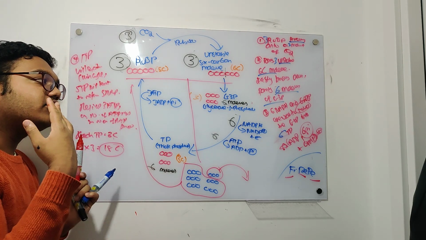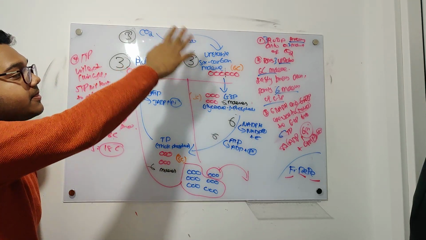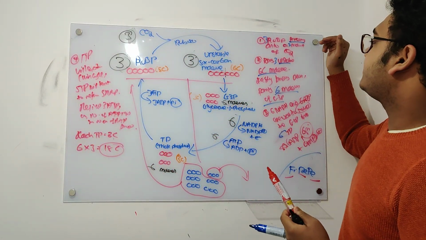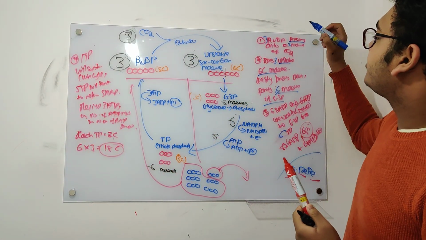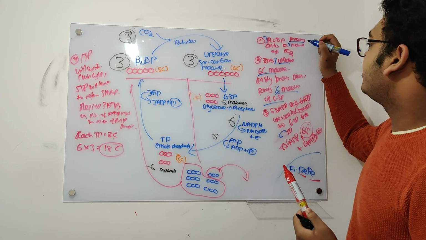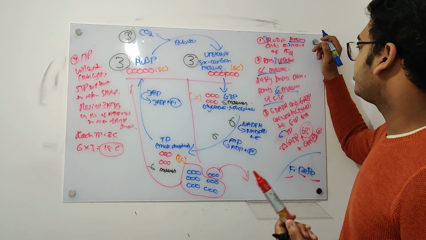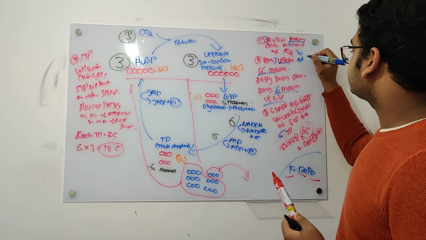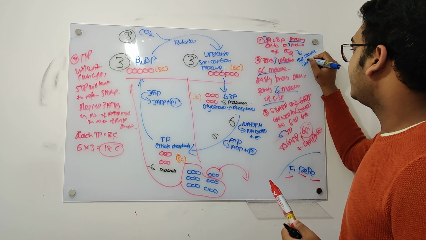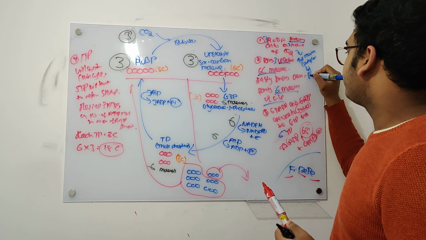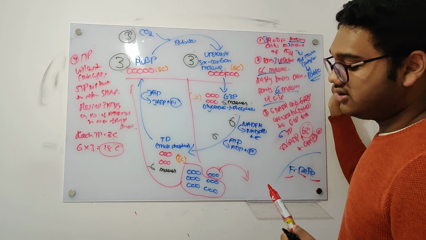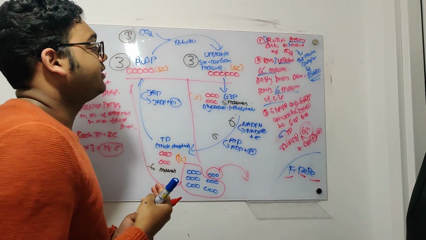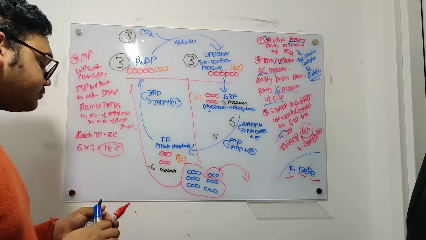So that means we have to edit our explanation over there. We're talking about the fixation of RuBP. So 3 RuBP fixate onto 3 molecules of carbon dioxide. This reaction is catalyzed by Rubisco. It's a really important thing that we need to remember when talking about the Calvin cycle itself.